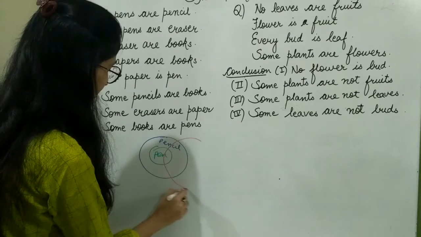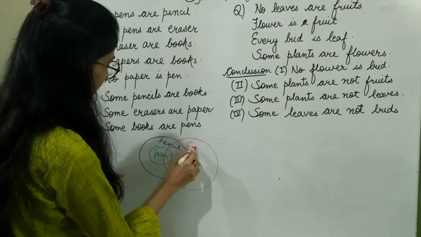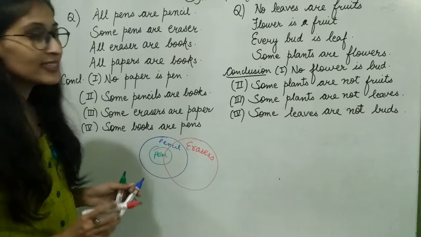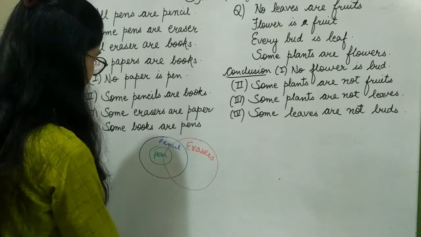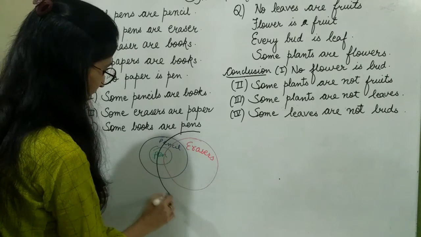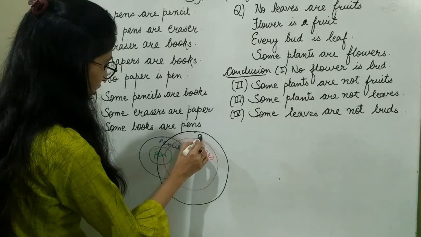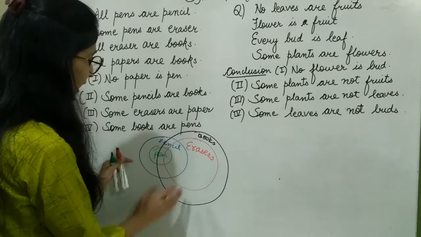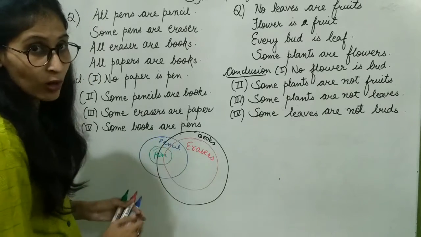Next is some pens are erasers. All erasers are books. Now the book can cover the pen and pencil also.